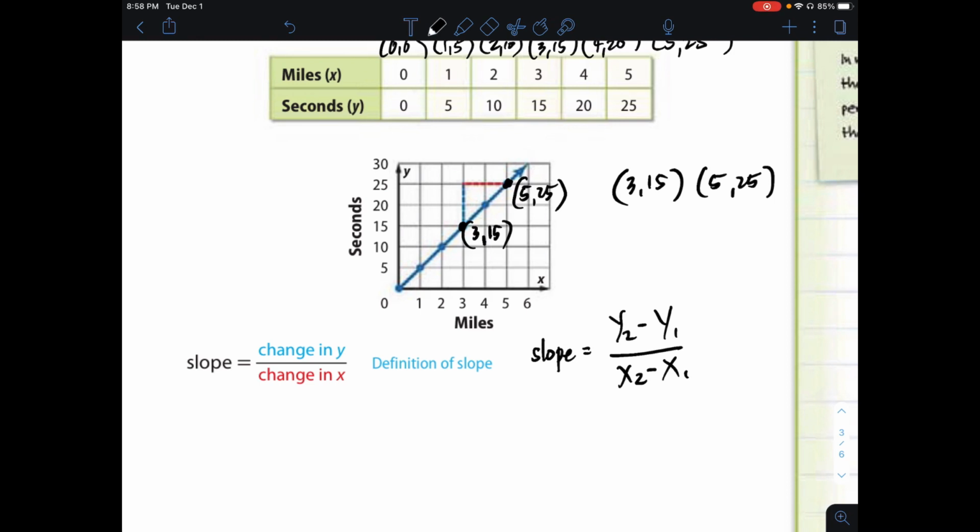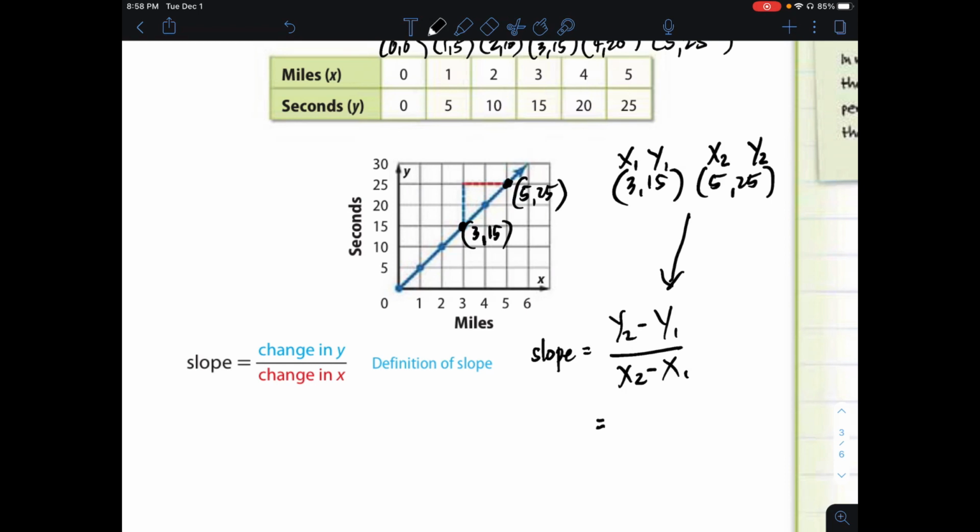This can be labeled as your x1 because that's your first x coordinate, and this is your y1, which is your first y coordinate, and this is your x2, your second x coordinate, and y2, which is your second y coordinate.